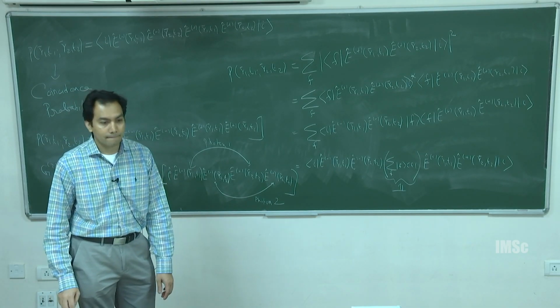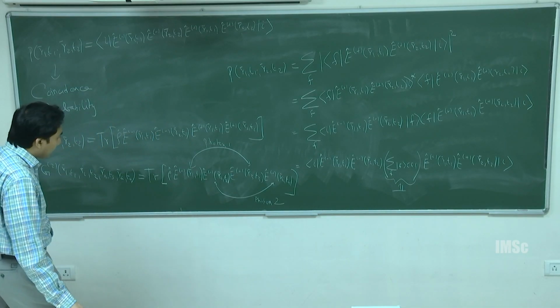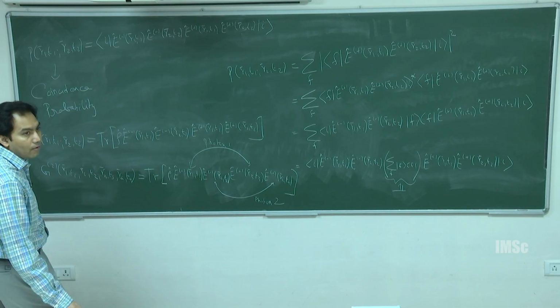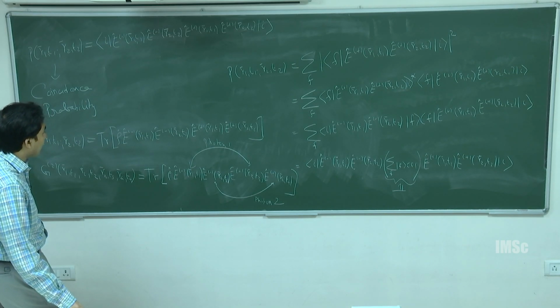Okay, so the initial thing was that photon 1 was at R1 T1 and photon 2 was at R2 T2. Why is it told like photon 1 from R1 to R3 alone?